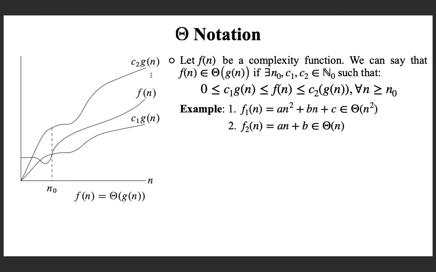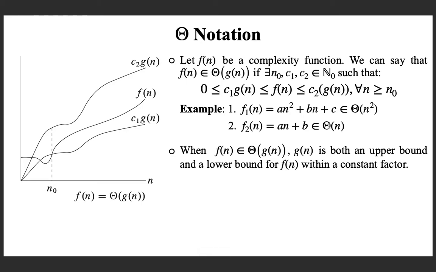For example, if the function is this, you can say that it is in the order of n square. And if this function is linear, then you can say that it is theta of n. When a function is in theta of g of n, that means g of n is both an upper bound like this and a lower bound within a constant factor.